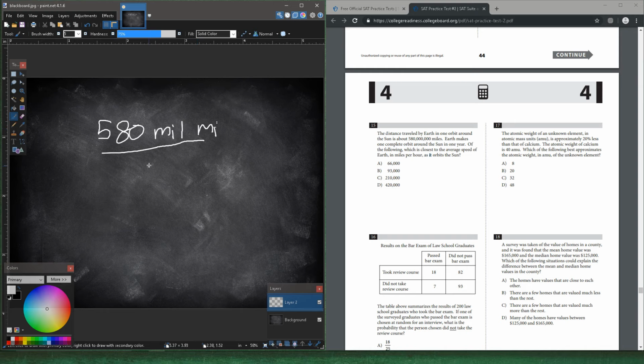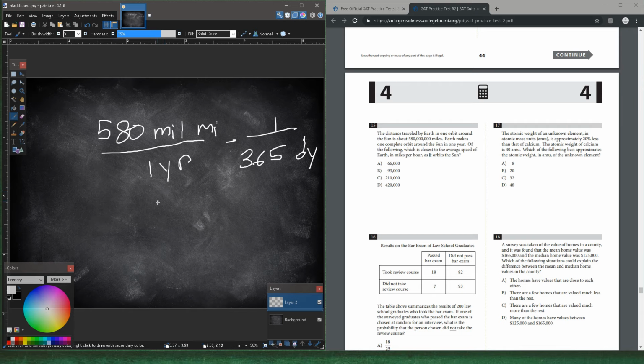per 1 year. In 1 year, there are 365 days, right? So you've got to divide this number by 365. That's one. And there are 365 days in the year, and each of those days has 24 hours.